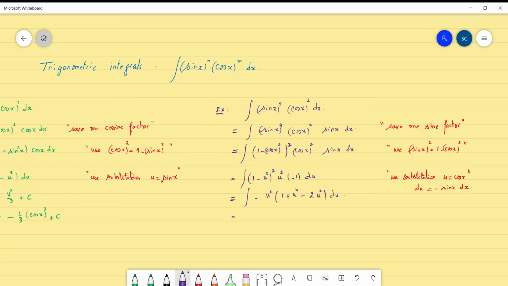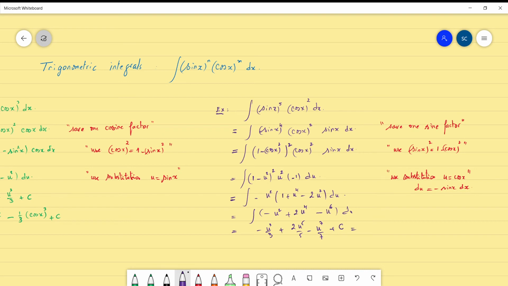So it's minus u squared minus 2 plus 2u to the fourth and minus u to the sixth du, which gives us minus u cubed over 3 plus 2u to the fifth over 5 minus u to the seventh over 7 plus a constant.